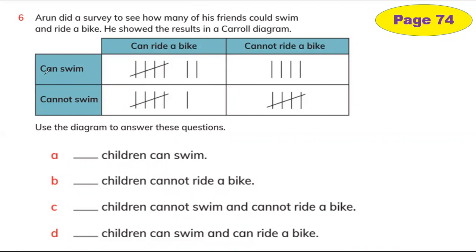How many boys can swim, how many boys cannot swim, how many boys can ride a bike, and how many boys cannot ride a bike. So let's start. A, how many children can swim? Yes, here is the can swim. Let's count. Here's 5 and here is 2. 5 plus 2, 7.